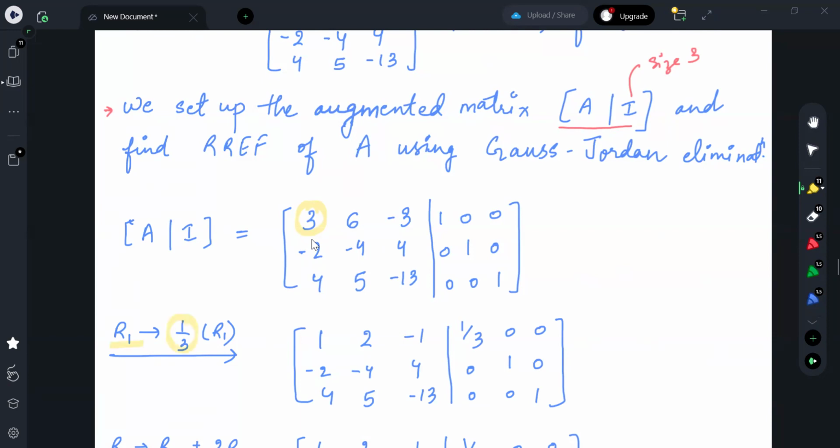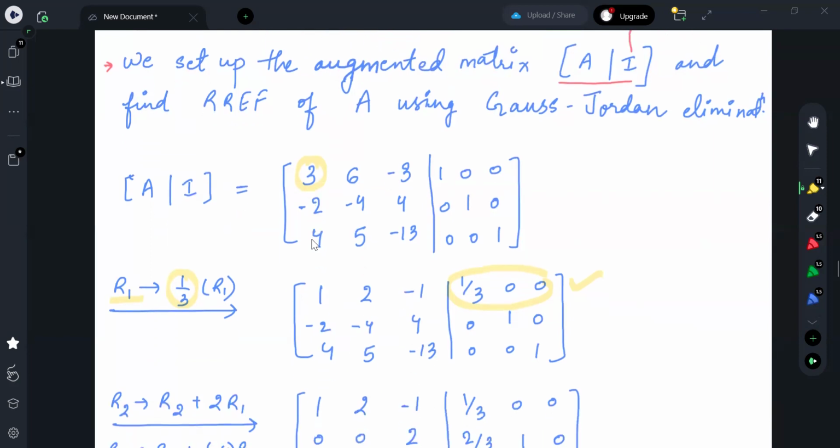Just be careful: whatever operation you're doing on this side, you have to do the same operation on the other side. So consider this a big 3x6 matrix, and you're doing all the operations on it. Don't forget the right-hand side matrix. So I'm multiplying row 1 by 1/3, and this is the resultant output.